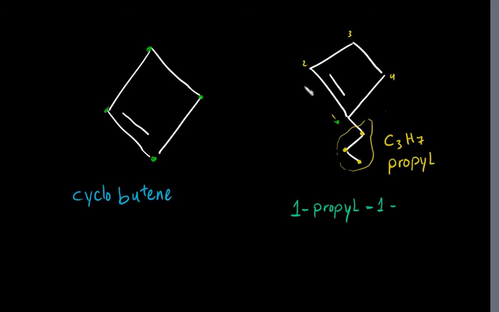And also this whole shape, we call it a cyclo shape, so it is a cycle, of course. And it consists of 4 carbons, and it has a double bond, so it will be butene. Alright, so this is the name of this structure, and that's it.